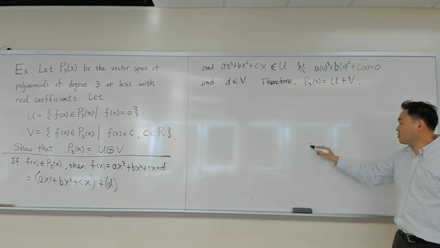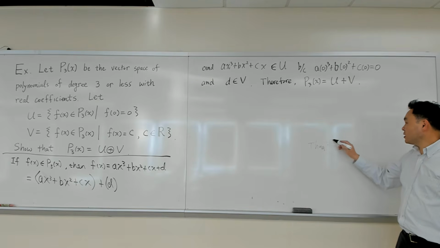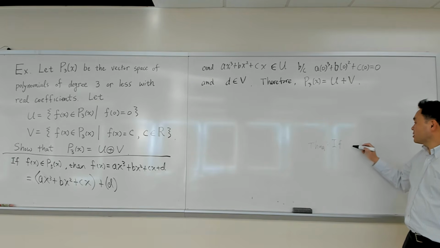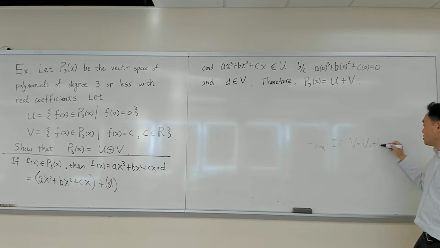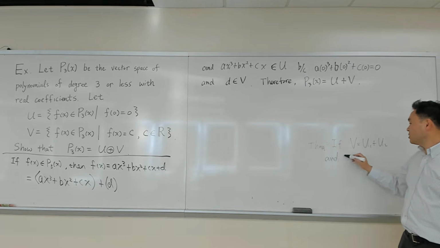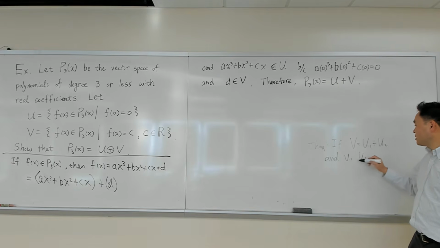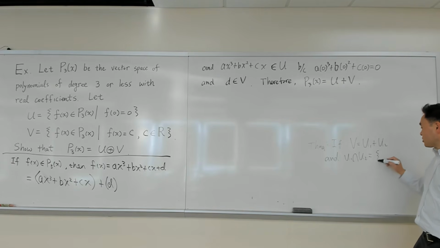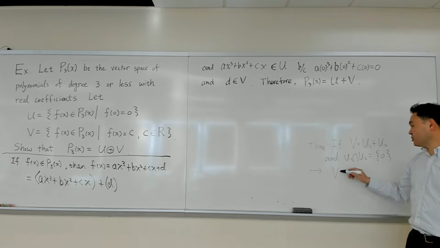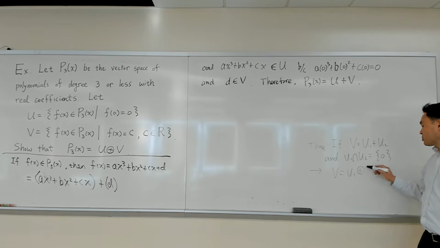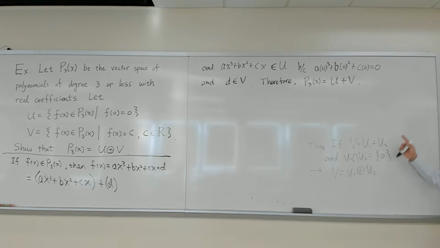So the theorem is that if, say, V is U1 plus U2, and U1 and U2 have intersection as only the zero element, then we know that V is equal to U1 direct sum U2. That was something that we proved at the end of last time.